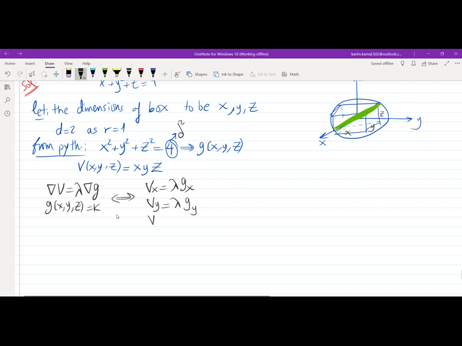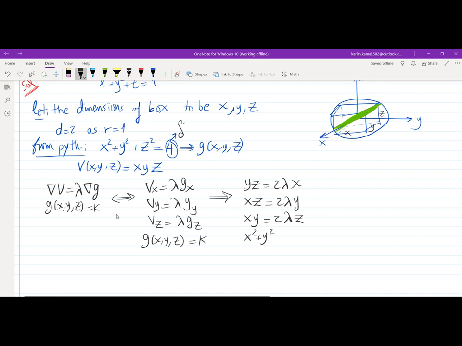This leads us to yz equals 2 lambda x, and xz equals 2 lambda y, and the third one, xy equals 2 lambda z, and the constraint equation, which is x squared plus y squared plus z squared equals 4.